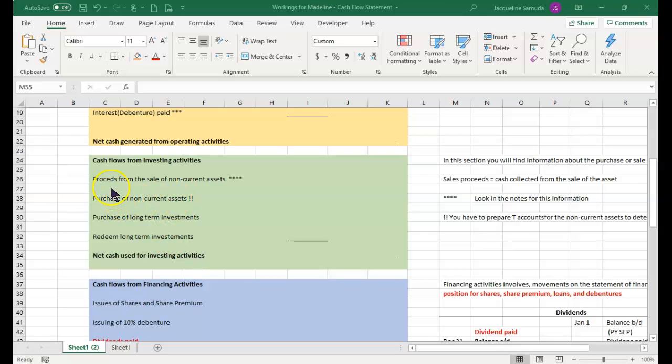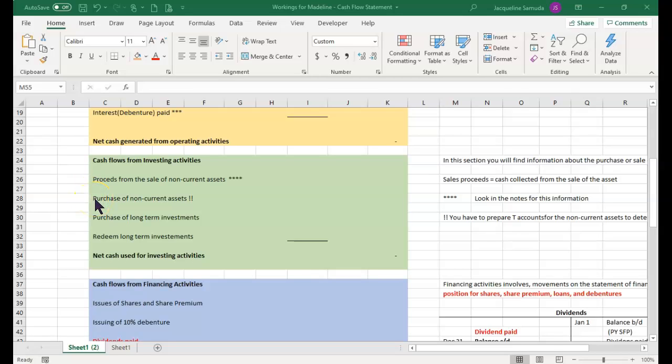You're going to have in this section a line called proceeds from the sale of non-current assets. This proceeds here represents the money that was collected when the asset was sold. So when you're selling assets, any money that is received from that sale goes in this section.